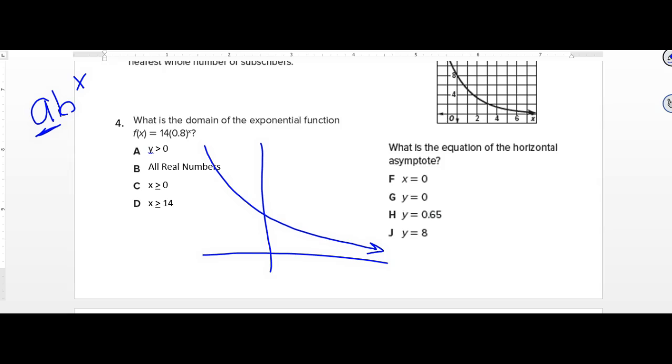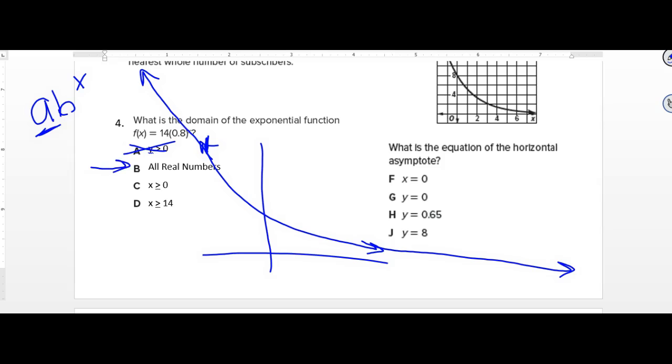That keeps going that way, and that keeps going that way. Domain is left to right. I also know it's not y, so I'm going to eliminate that. To the left, it keeps going, and there is no boundary over here. To the right, it keeps going forever that way. So we have no left and right boundaries, which is all real numbers.